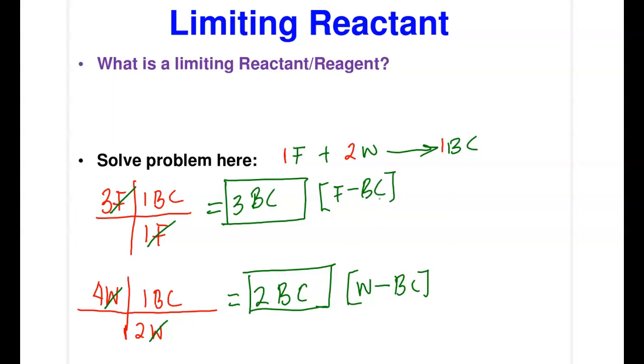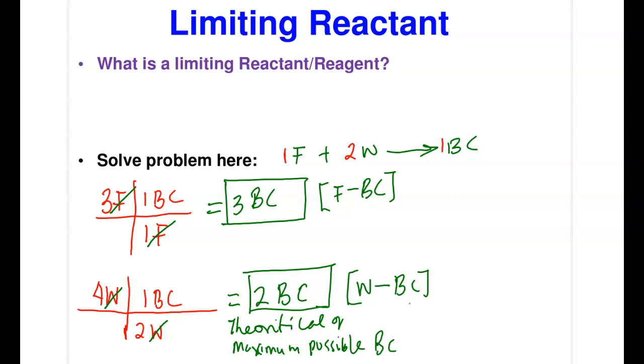So what followed? Since this one represents the theoretical, these 2 bicycles represent the theoretical, or I can say the maximum possible bicycles I can make.